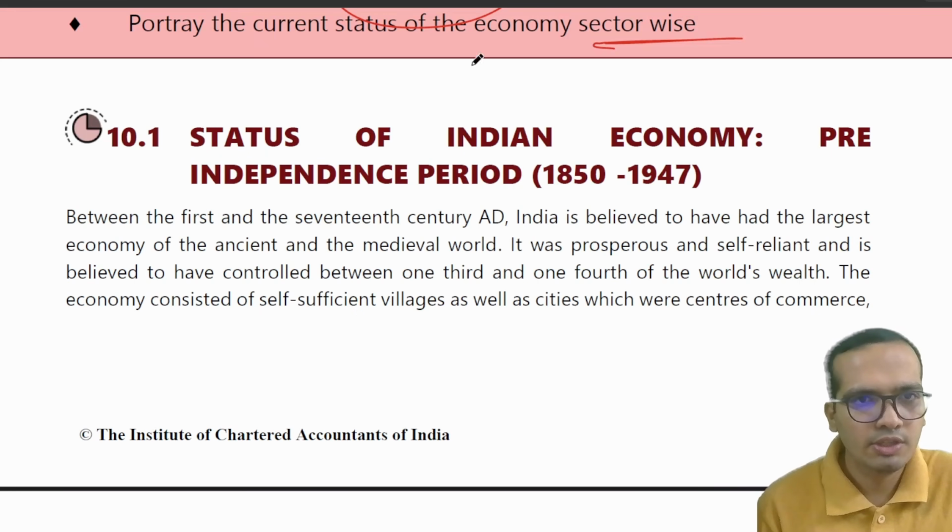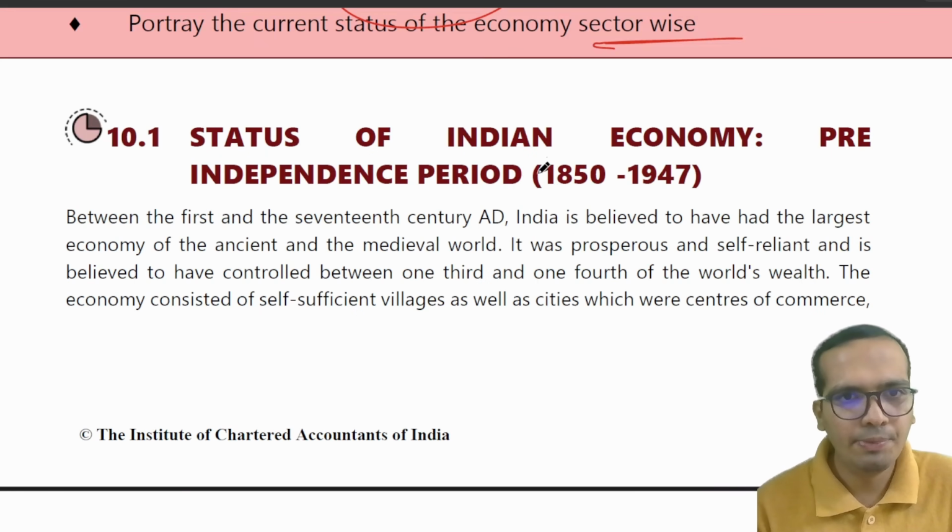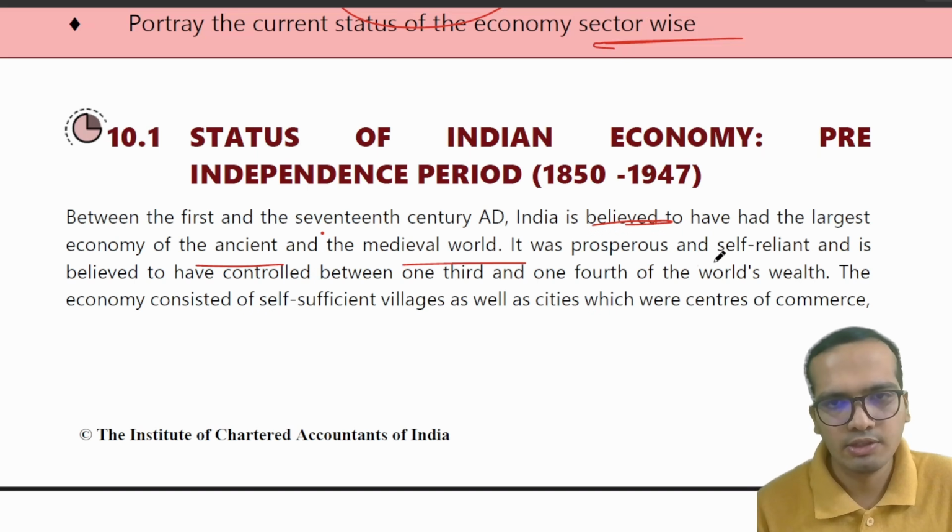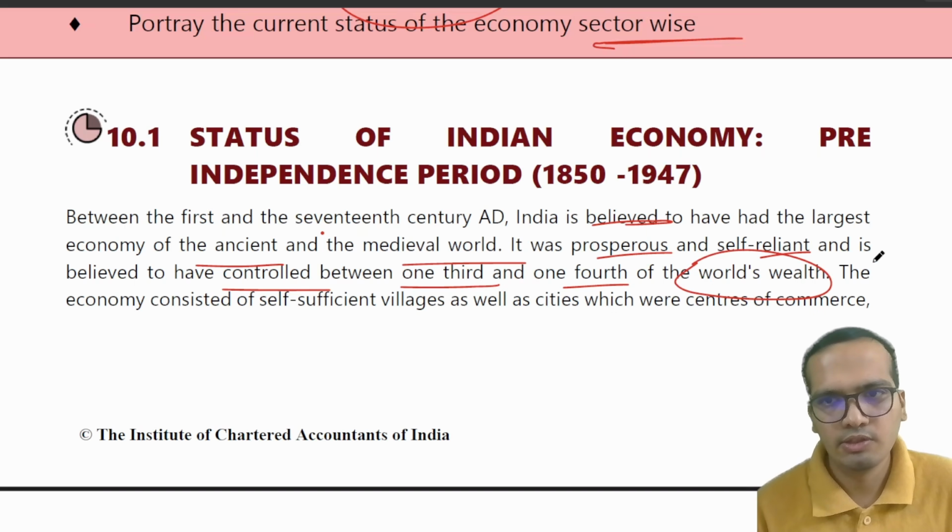So here is the first status of the Indian economy, the pre-independence period, that is 1850 to 1947. Between the 1st and the 17th century AD, India is believed to have had the largest economy of the ancient and medieval world. It was prosperous and self-reliant and is believed to have controlled between one third and one fourth of the world's wealth.